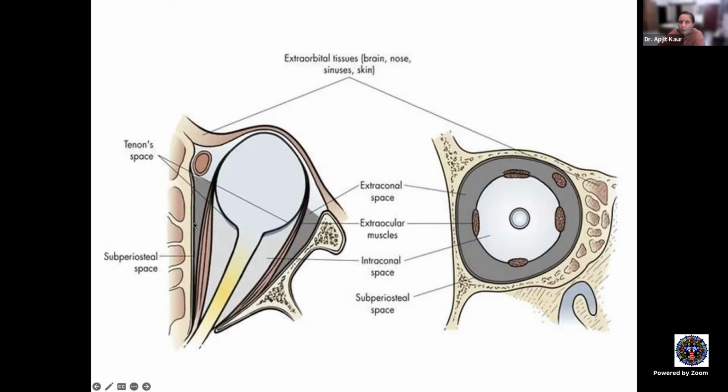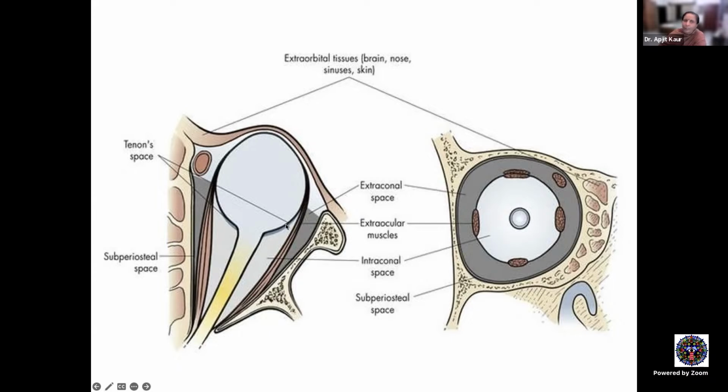Between the periosteum and the muscle cone is the extraconal space. Between this fibromuscular scaffold and the optic nerve is the intraconal space.